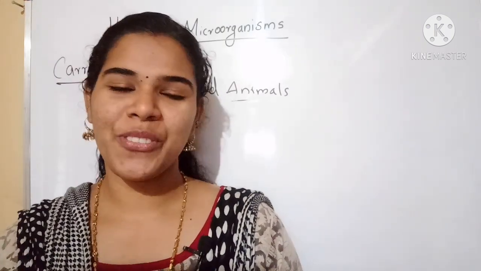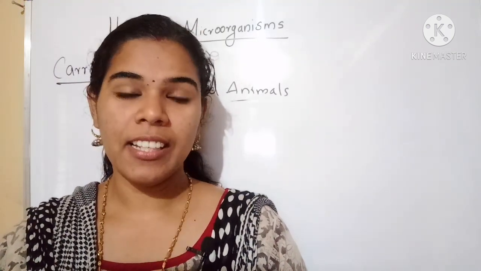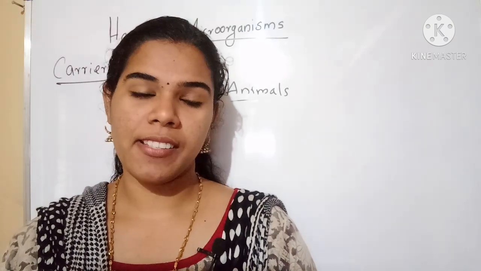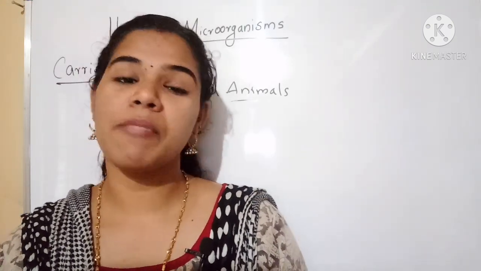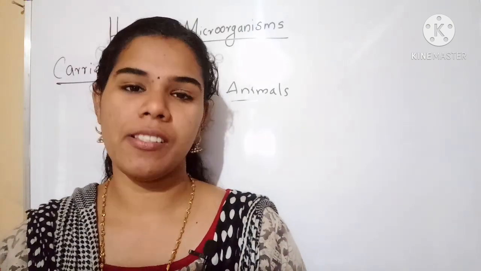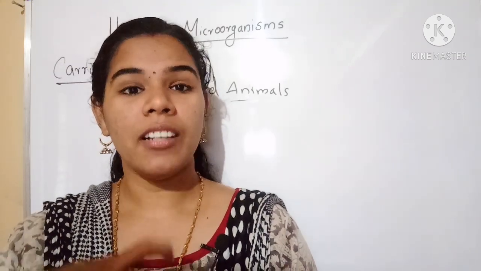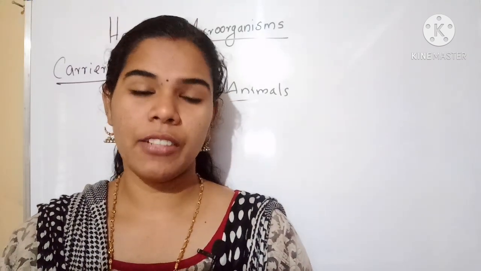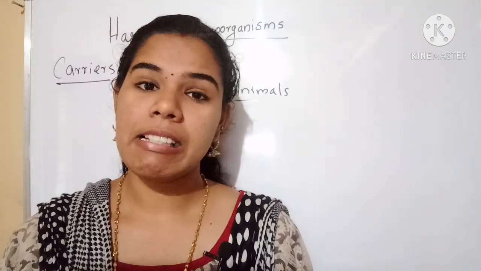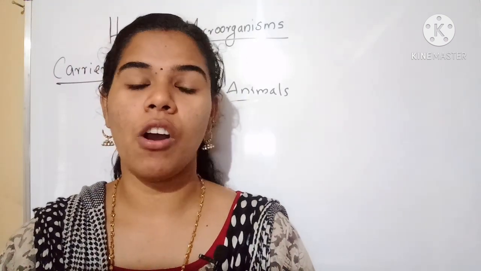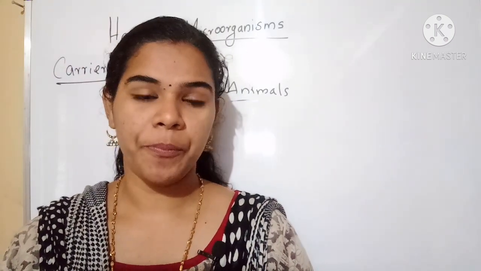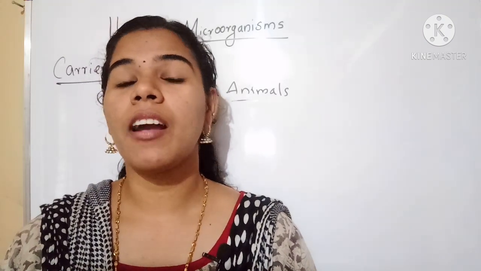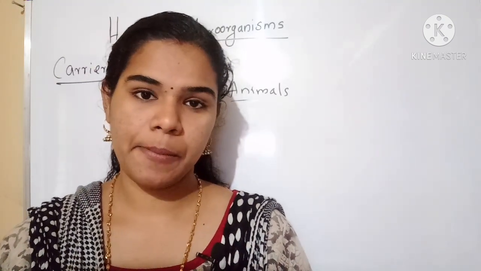Okay, students. Today we learned about harmful microorganisms or disease causing microorganisms in humans, and we learned new words. The first one, pathogen. Disease causing microorganisms are called pathogens. The second term is communicable disease.